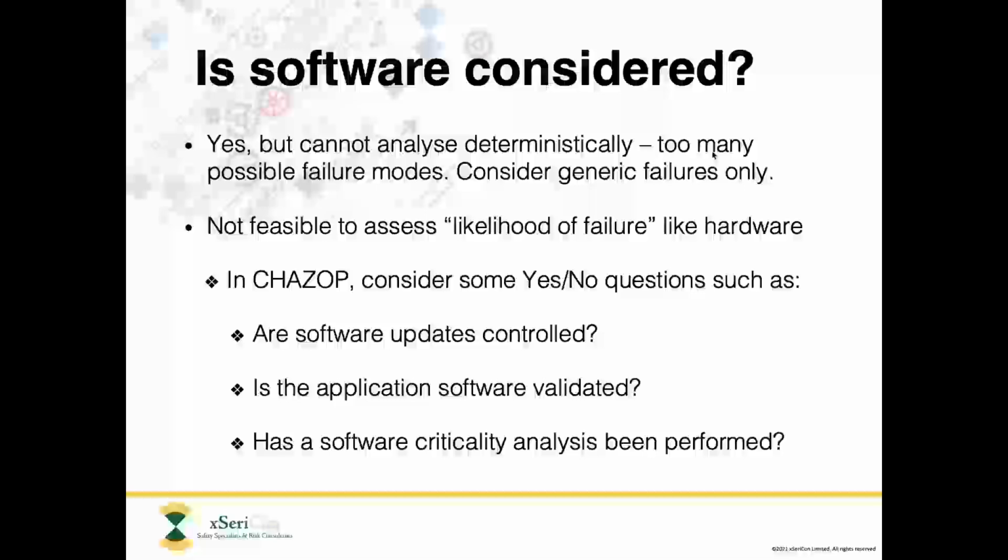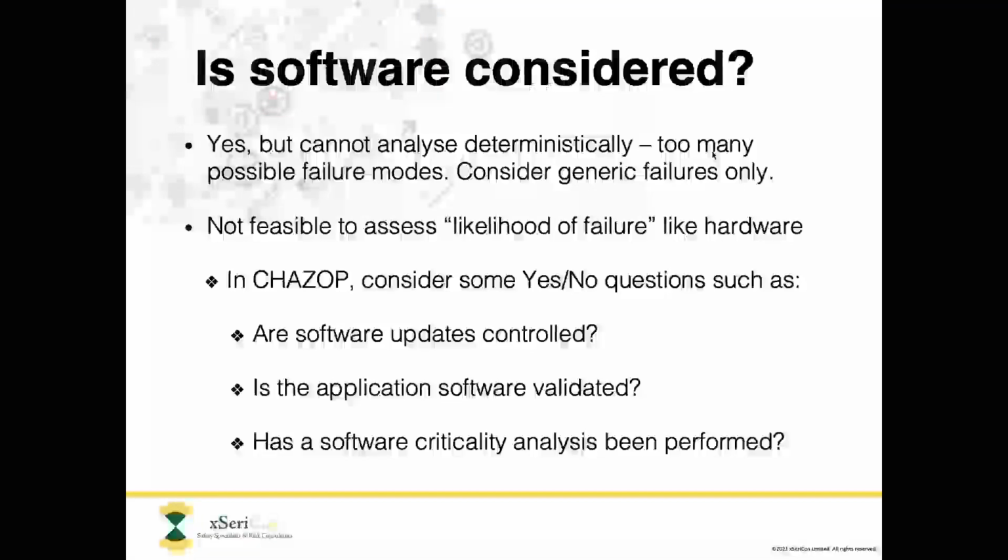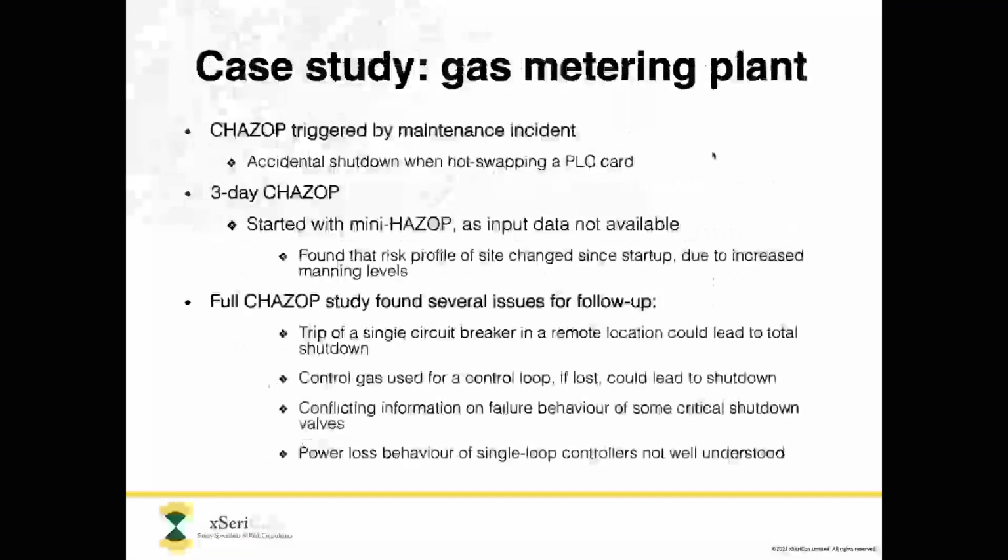What could the worst case consequence actually be? So that's really about as far as we can go, I would say, in a CHAZOP study with regard to software failures, if we're talking about malfunction of the software, or should we say software bugs in the software itself.